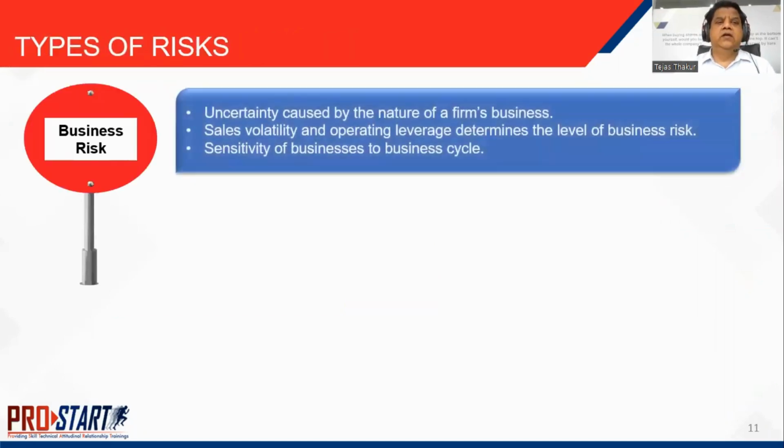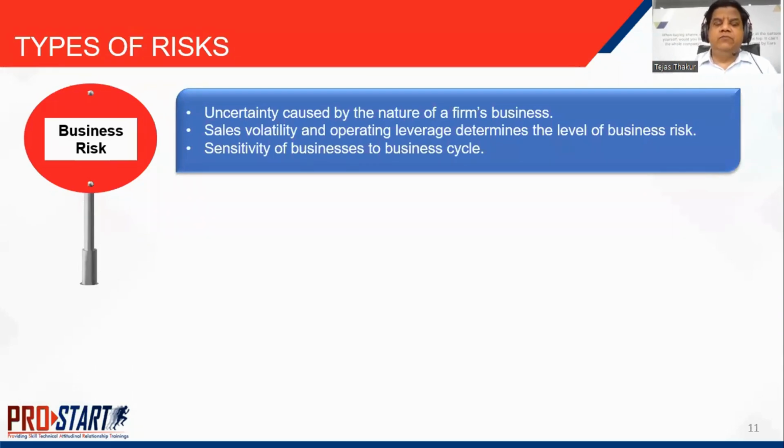Types of risks. So initially you have the business risk, which is caused by the nature of the firm's business. So the kind of business you are in, that itself will get certain business risks associated. At the same time, sales volatility and operating profits, operating leverages also determine the level of business risk.